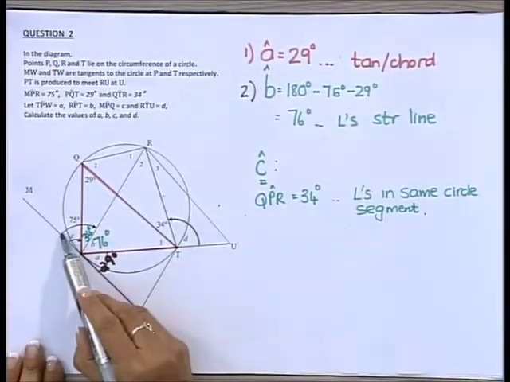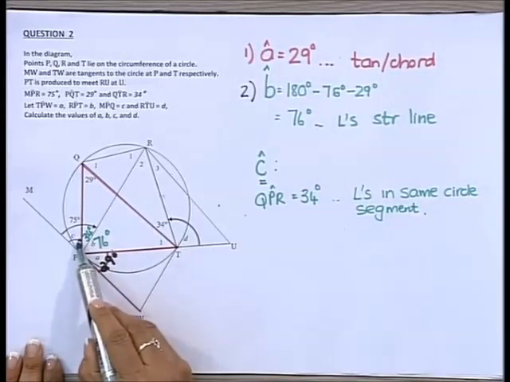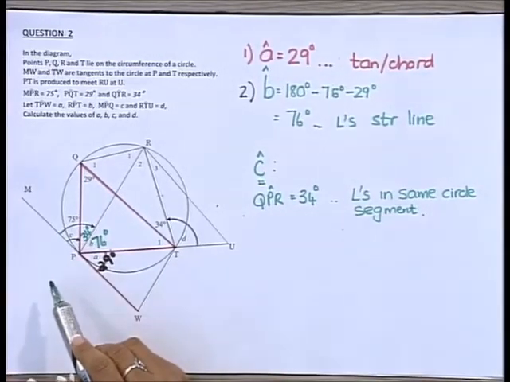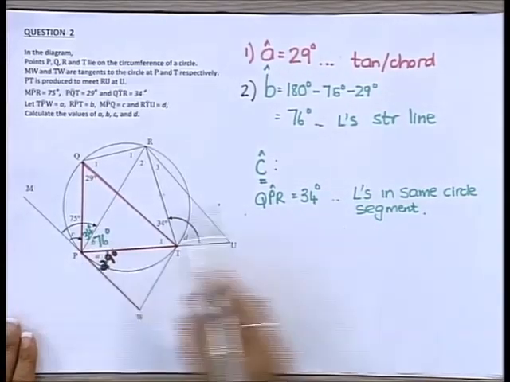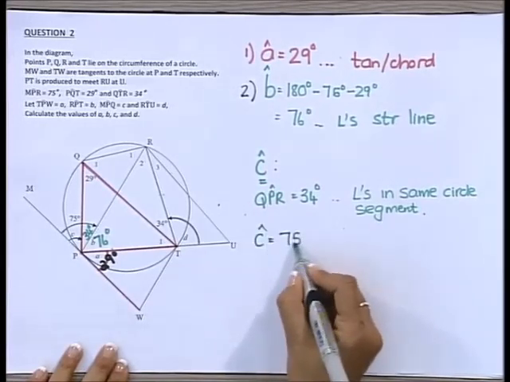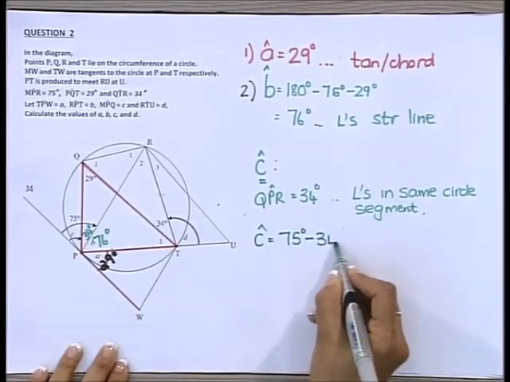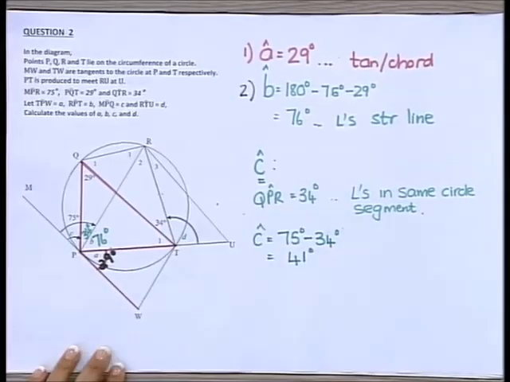Now remember, they told you that this angle is 75. So angle C, what will angle C be? 75 minus the 34. So angle C is 75 minus 34, and that gives you 41 degrees. Are you happy with that?